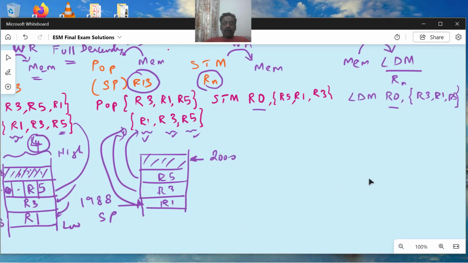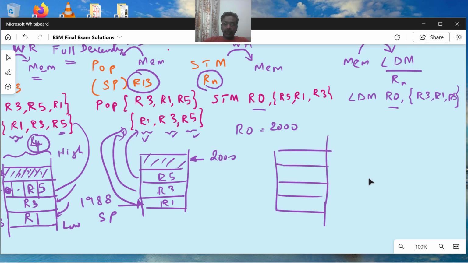Now imagine, similar to LDM, I am writing into the memory. So let me assume that R0 is having 2000, okay, decimal value. So memory is here. So a little bit I have to show you in a different way. I'm going to show that address 2000 is here and R0 is pointing at this address.